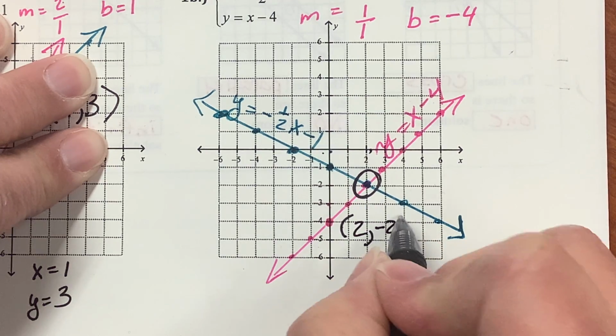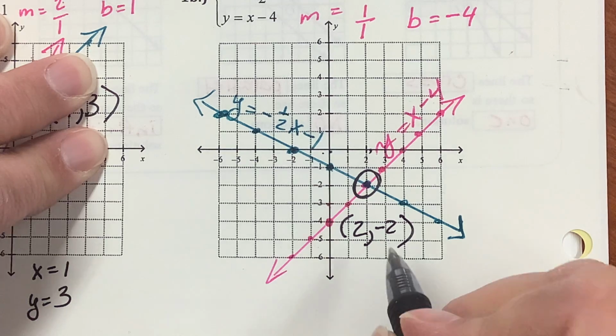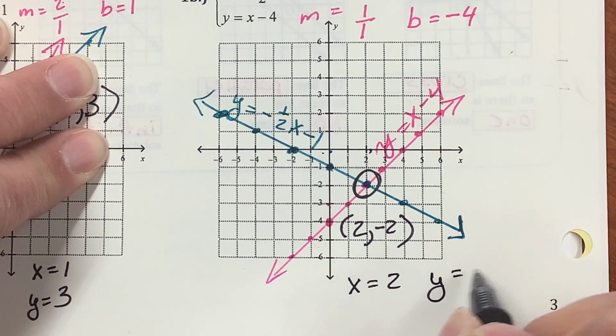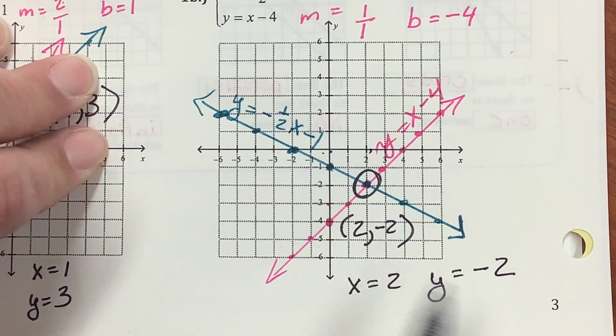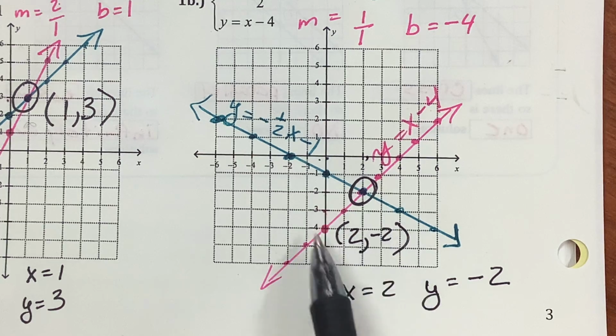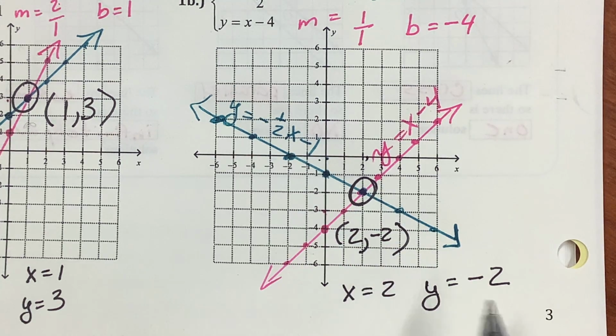And remember, that could be written as x equals 2, y equals -2. Those are both the solution to this system. The coordinate pair is a solution, but also x is 2, y is -2 is a solution.